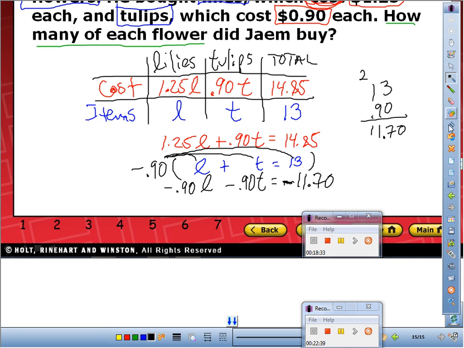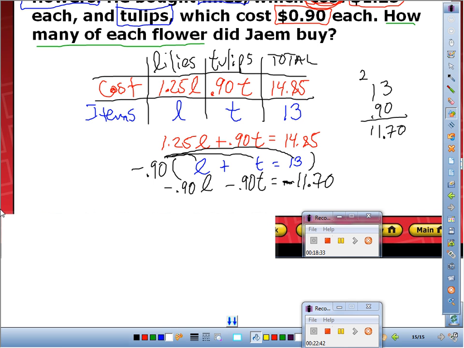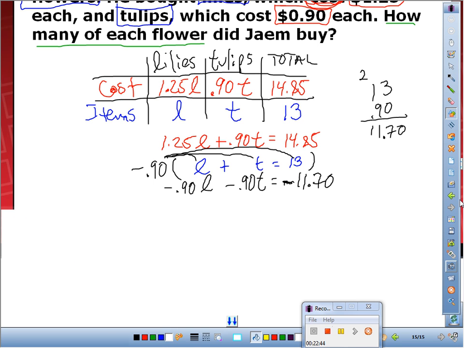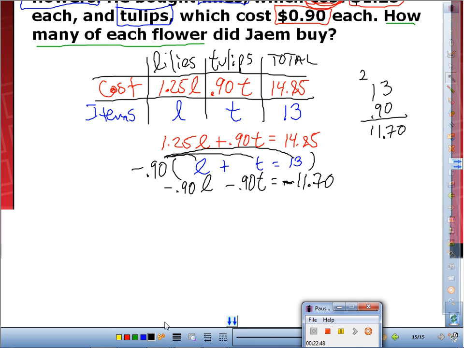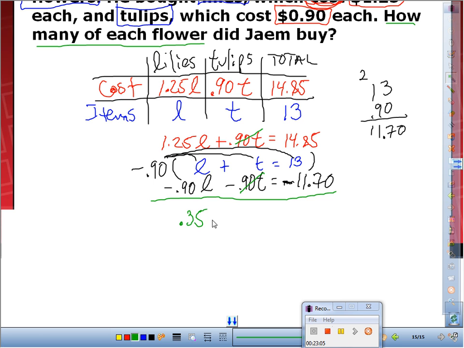All right? So far, so good? Let's eliminate that variable. Now we're using this equation and this equation. Which one eliminates? 0.90T. This one cancels this. So what is 1.25L minus 0.90L? Positive 0.35L equals, what is 14.85 minus 11.70? 3.15.